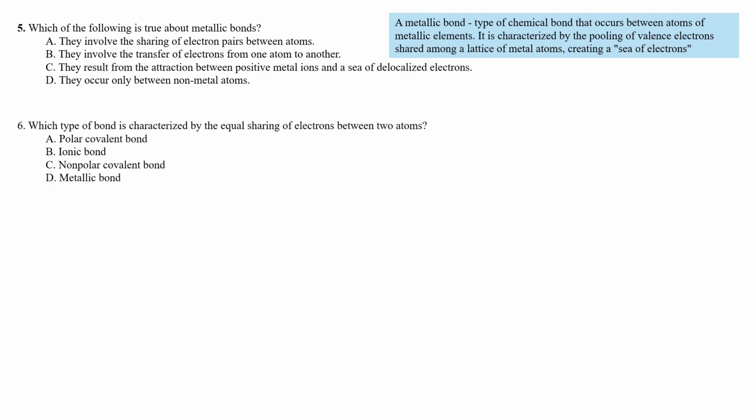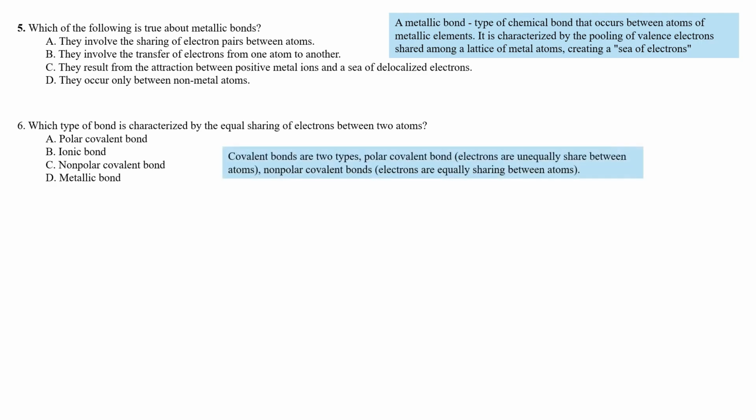Question number 6. Which type of bond is characterized by the equal sharing of electrons between two atoms? Sharing electrons, if you consider this word, it is covalent bonds. There are two types of covalent bonds: polar covalent and non-polar covalent. Polar covalent means electrons are unequally shared between atoms.